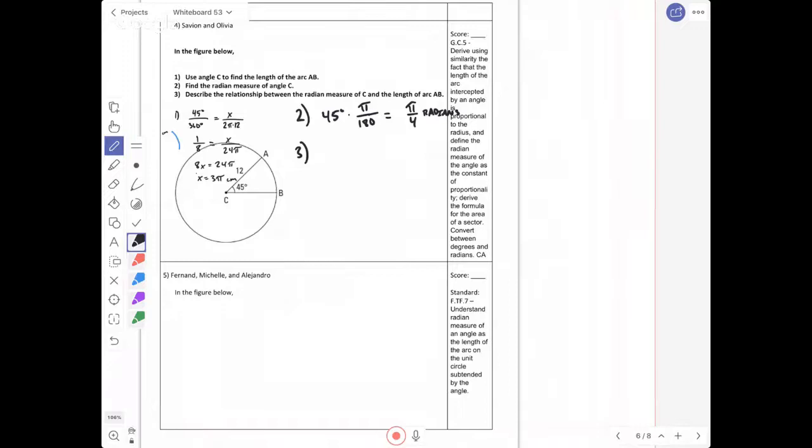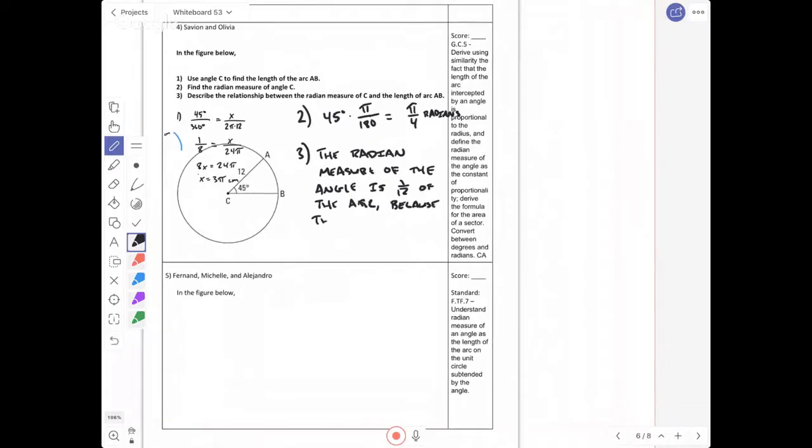So we've got the radian measure of the angle is 1/12 of the arc because the radius is 12. 12 centimeters.